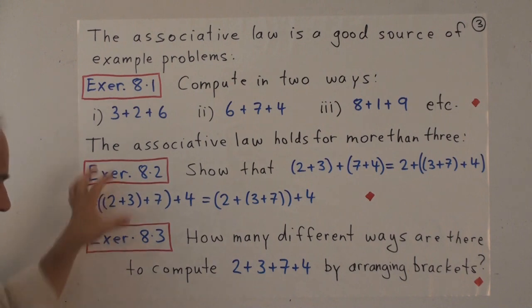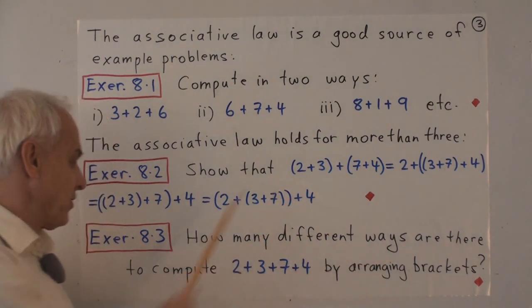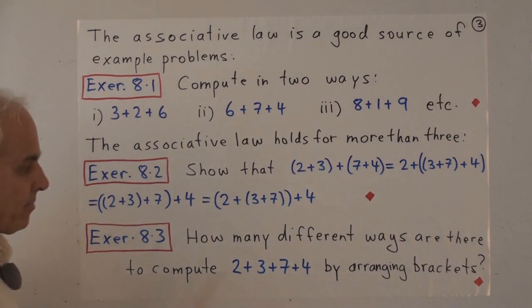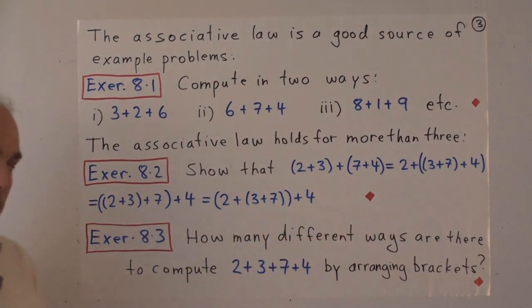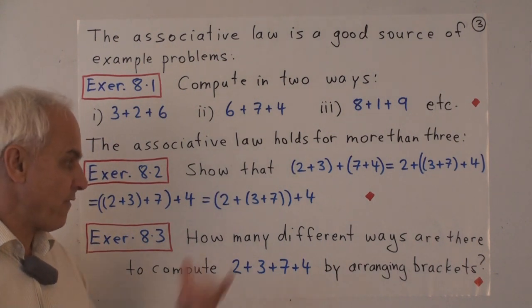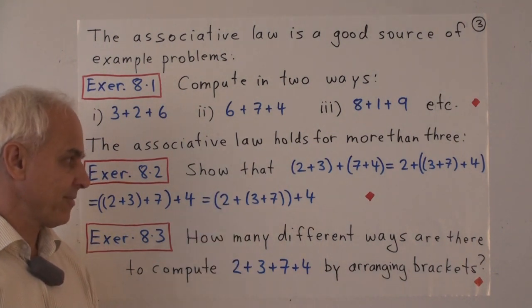Here's another exercise related to this last question. How many different ways are there, in fact, of computing this sum by arranging brackets like I've done up here? Here I've got 1, 2, 3, 4 different ways. Can you think of any other ways of arranging the brackets?